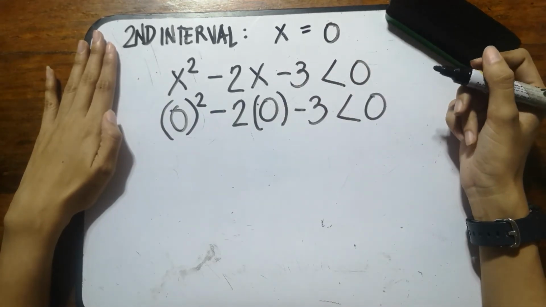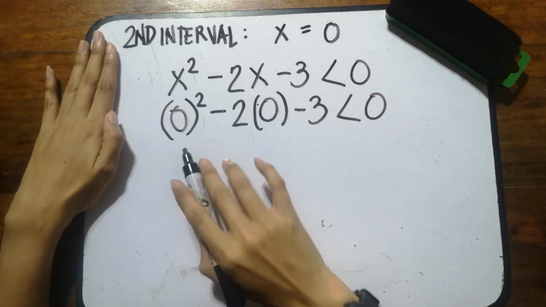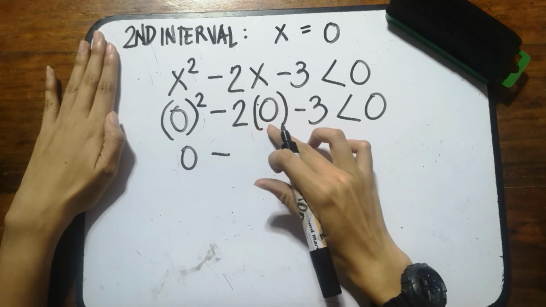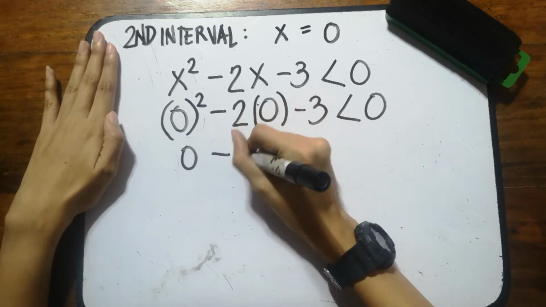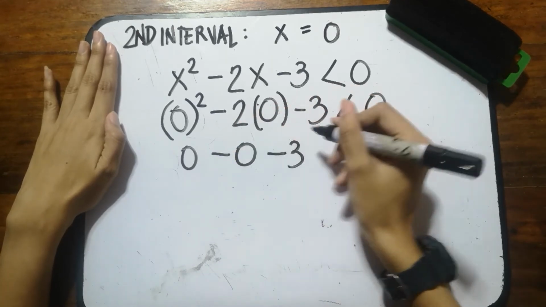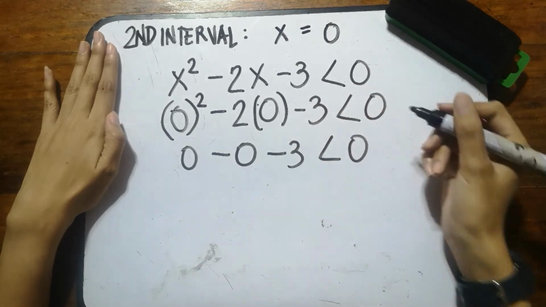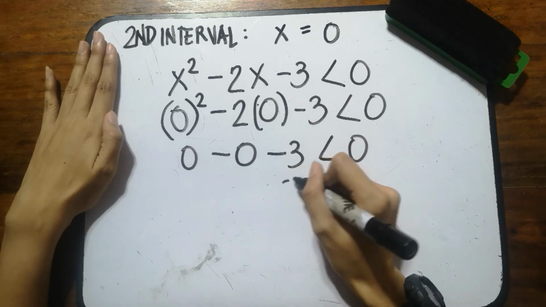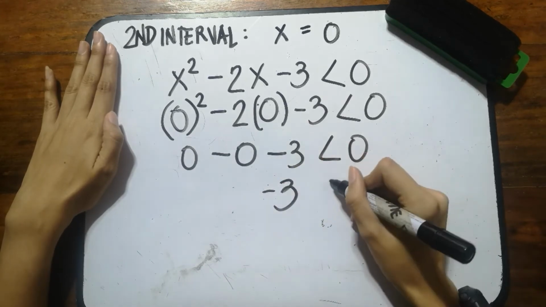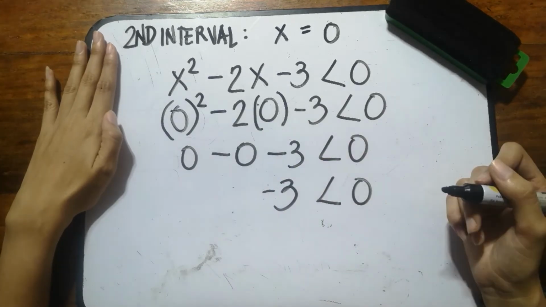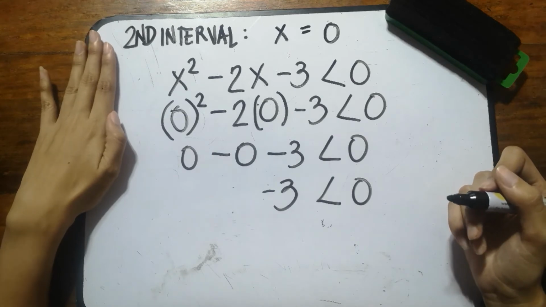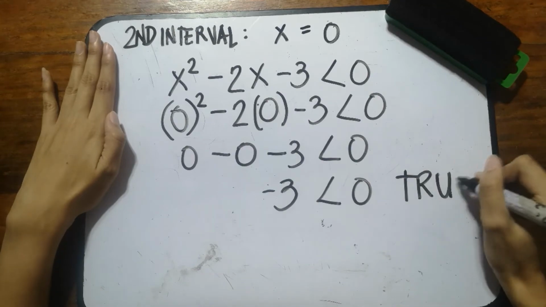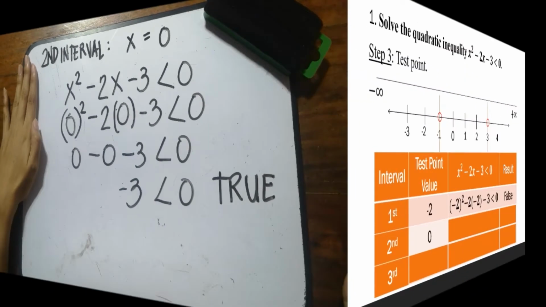Perform the indicated operation. This will now become 0 minus 2 times 0, that gives us 0, minus 3 less than 0. Therefore, -3 less than 0, which satisfies the given inequality. So that means our result is true.